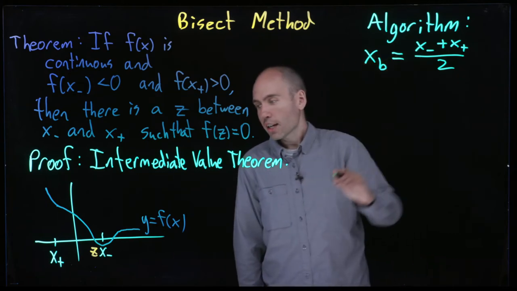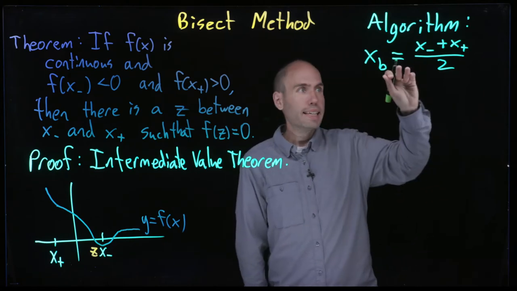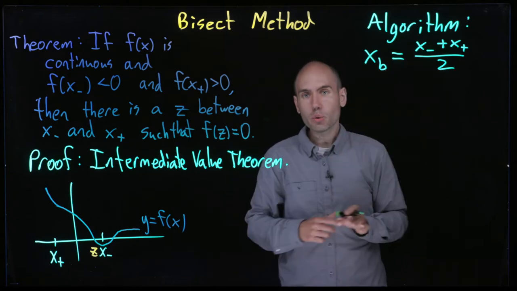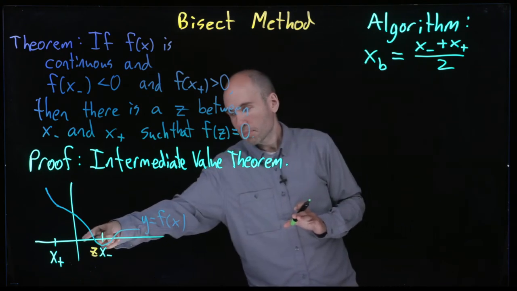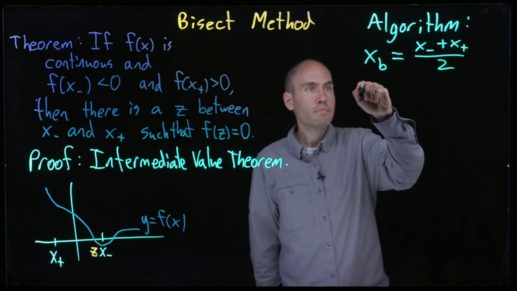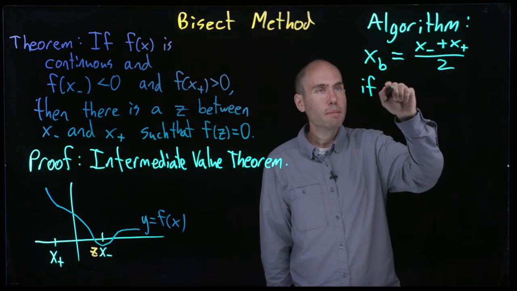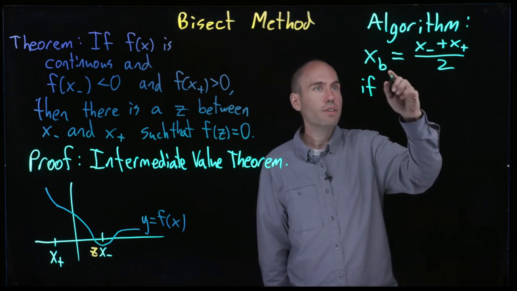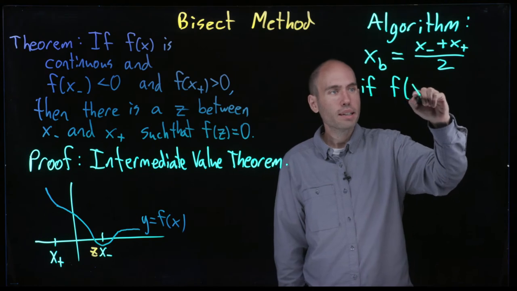I'm not going to try to write this in MATLAB code. We'll see that in one of the other videos. Instead, what I want to give is the pseudocode for the algorithm. So we find the input that's midway between x positive and x negative. Lots of times I ignore the case of what happens if x bisect is exactly 0, but let's check it here.